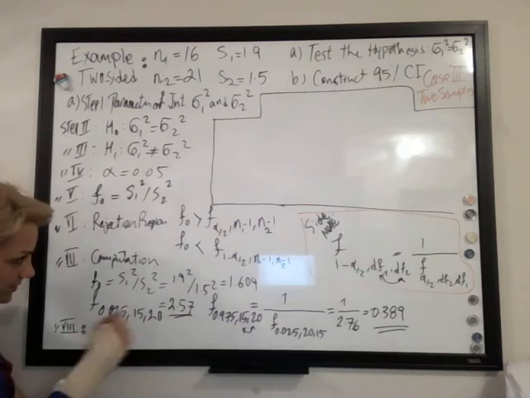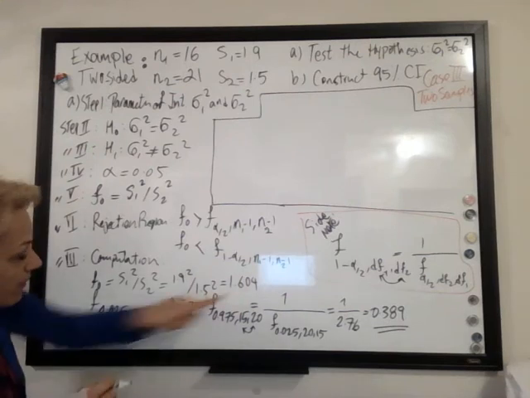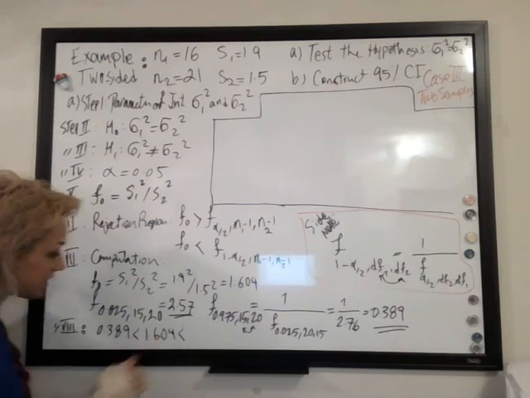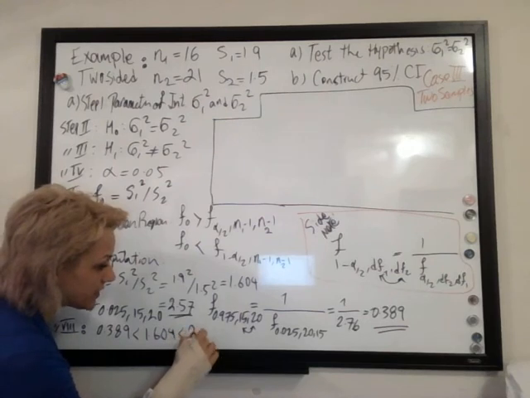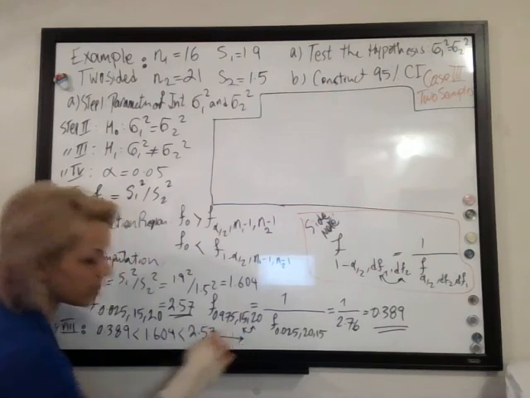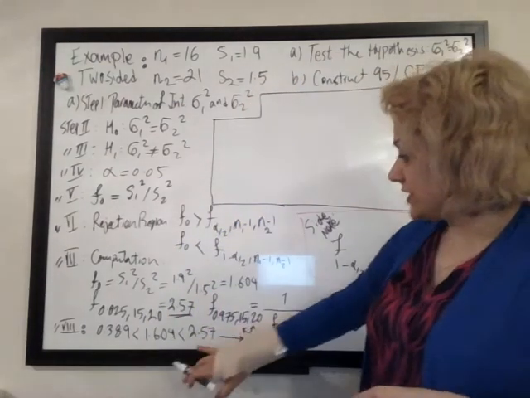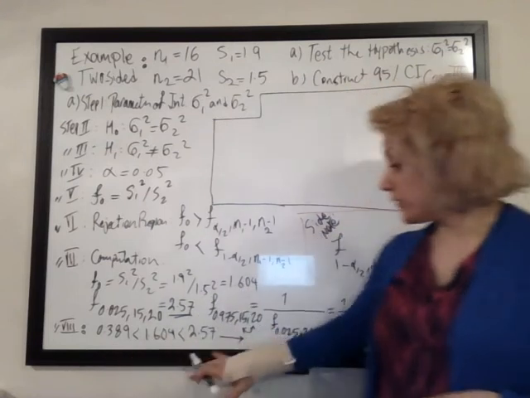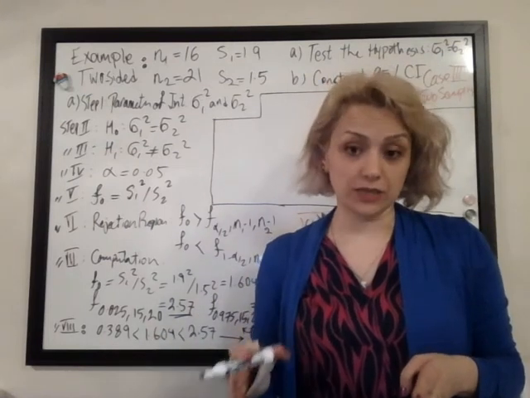So in fact, this 1.604 is between 0.389 and the upper one, 2.57. So what would be the conclusion? We said that if 1.604 was less than the lower bound or greater than the upper bound, then we would reject the null hypothesis.